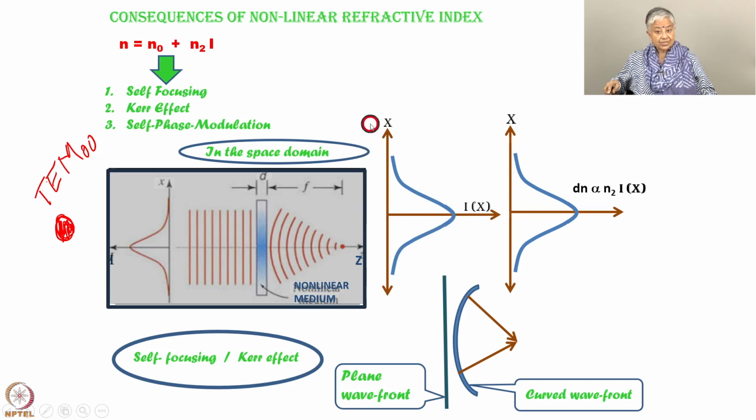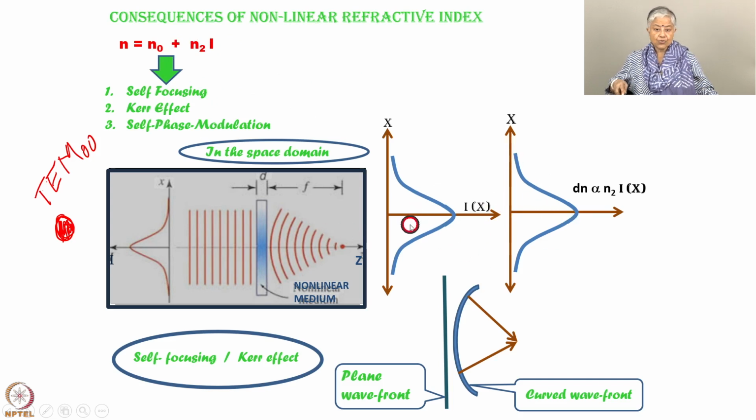Now, when I have this, the refractive index that is formed in this nonlinear medium follows exactly this curve. So, it is here dn, the change in refractive index, is proportional to n2 I. Okay, this is the nonlinear refractive index. This is this part. n0 is there, it remains. Okay. On top of that, you have this additional nonlinear refractive index, and that is what happens here.